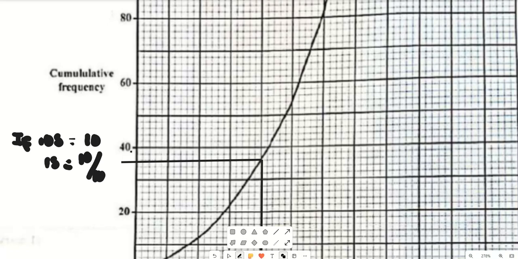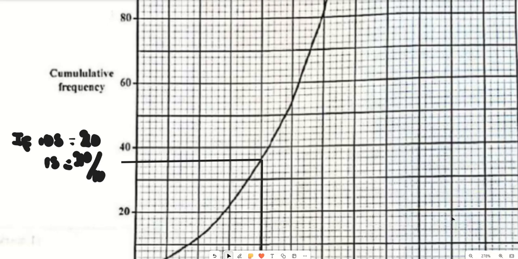So one of these spaces is 1. So this is 25, 26. Hold on, no, it's 20. Because the difference between 40 and 20 is 20. So it'll be 20 divided by 10 is 2. So this is 2, 22, 24, 26, 28, 30, 32, 34, 36. So we know that here is 36.